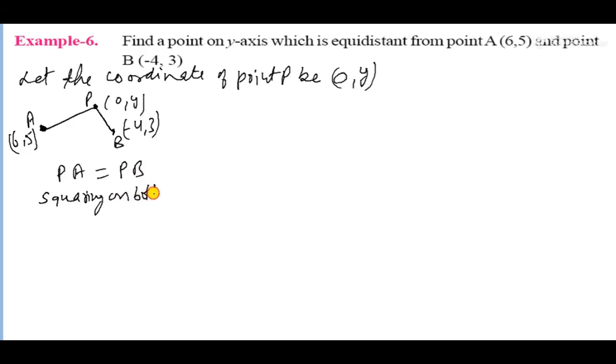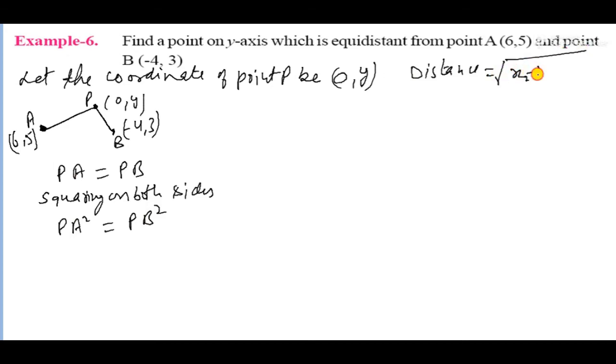And point A is given as how much? It is (6, 5). So you can write (6, 5) here, and point B is given as (-4, 3). So you can write (-4, 3). So it is PB and it is PA.